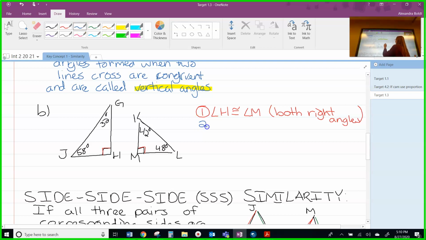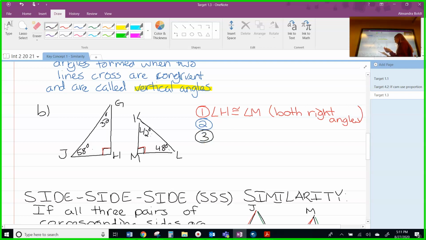Okay, looking for my second angle. Here I have a 32-degree angle, and neither of these are 32 degrees. And then I have a 58-degree angle, and again, neither of these are 58 degrees. So I don't have another angle. I can't fill in that second spot.